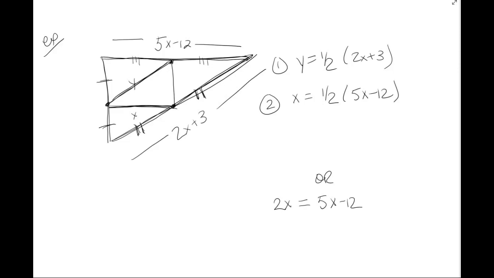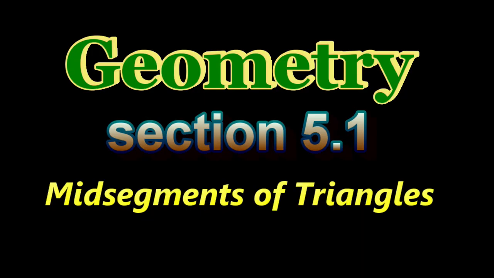Right? So the inner side is twice the outer side. Okay, but either way, you would do the same thing solving up here. You would multiply both sides by 2 to get rid of that 1/2 if you didn't want to distribute it. And then I would subtract 2x from both sides and add 12, and x would be 4.